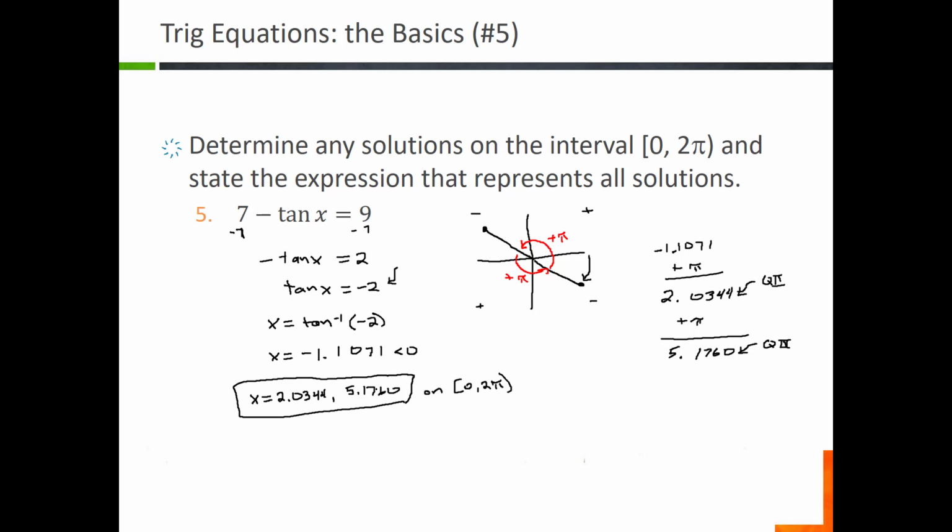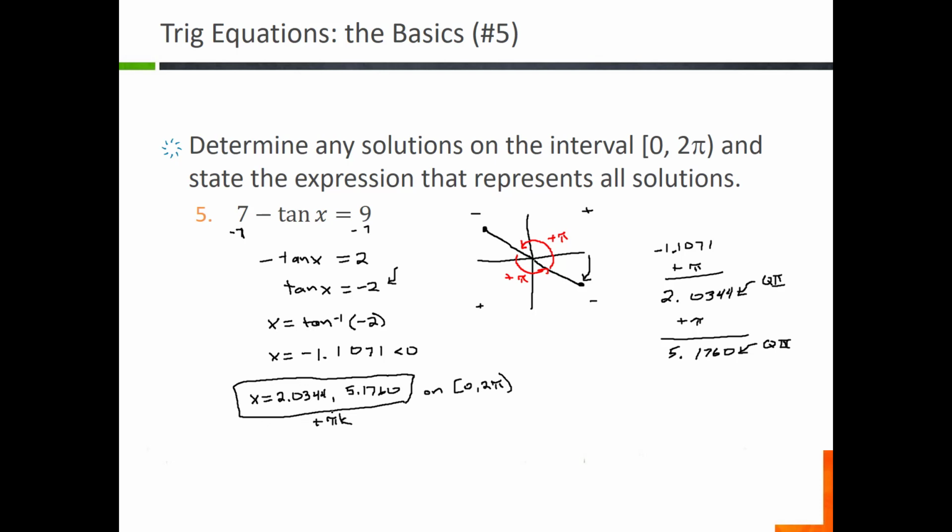Okay, well, first, again, remember that our two answers, the 2.0344 and the 5.1760, both of those are a distance of pi away from each other, the way that we have this rotation going around. And we could rotate in the other direction too, but we know they're a distance of pi. And we also know that when we show our infinitely many answers, we only need to do a plus pi k.